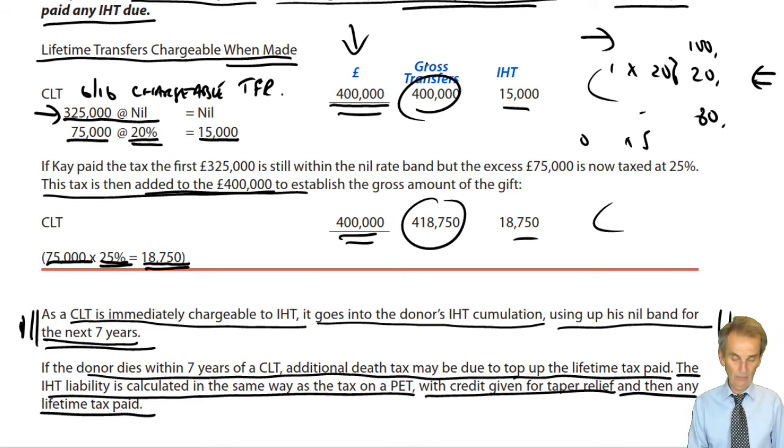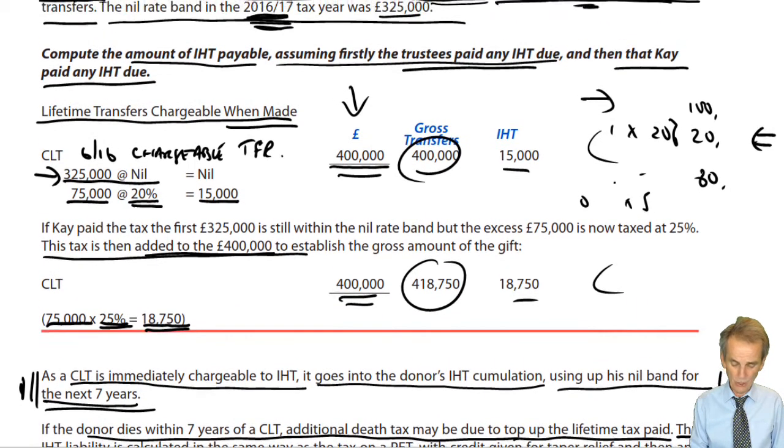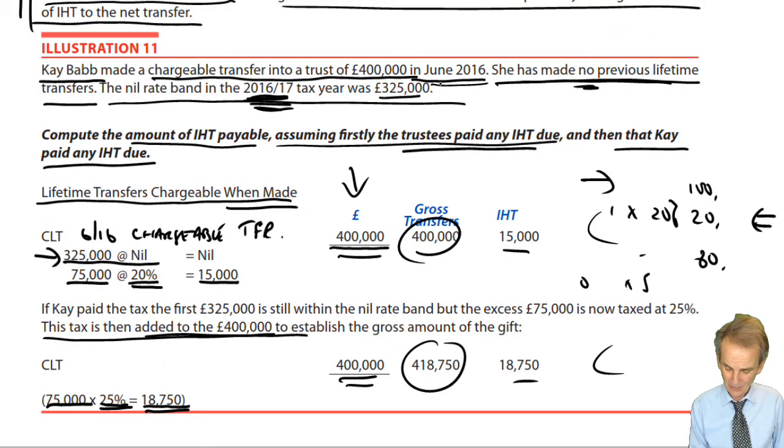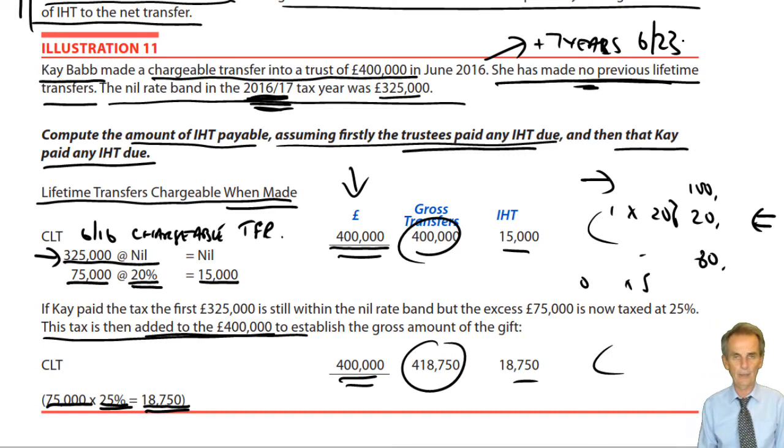Now, both of those figures are of course in excess of 325,000. And what that means is, if the nil rate band that then was 325,000 is still 325,000, but if there is a further transfer made within 7 years of that date, so that CLT was June 16, plus 7 years would take that to June 2023.